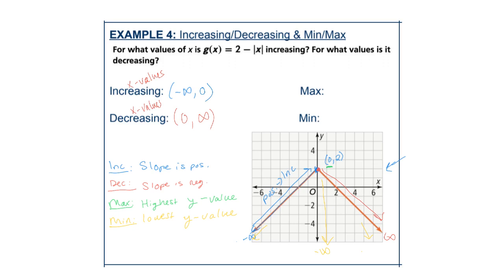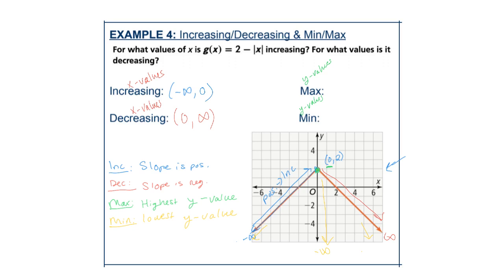But we can find a maximum. Remember, max is the highest y value. So we're giving y values for the max and min. Don't get confused with increasing and decreasing and positive and negative. They use the x values for intervals.